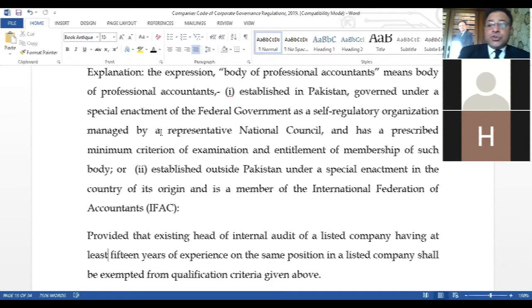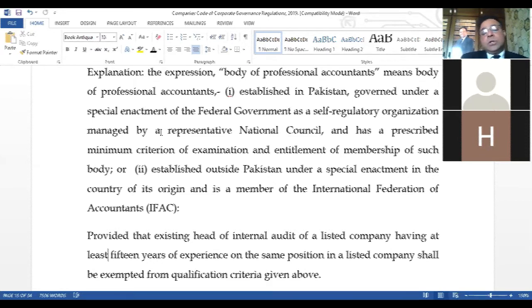They ensure that their members are having hands-on training, all modern trainings meant for modern practices in terms of corporate governance. So this is why the law has made it compulsory that the relevant professional in the field must be a member of the professional body.